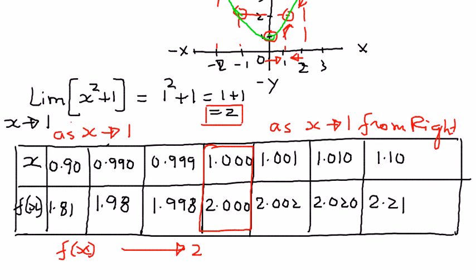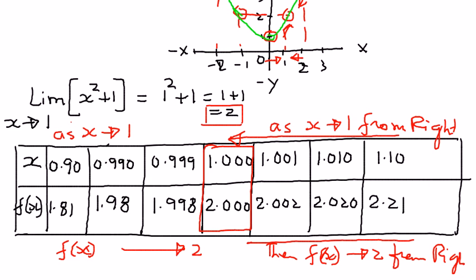Or I can put an arrow like this, indicating that as x approaches from the right, the value of the function approaches 2 from the right, and that is how we want to understand this concept.